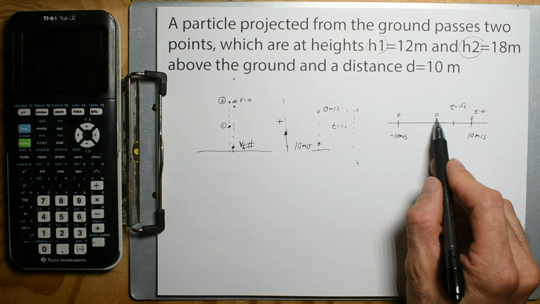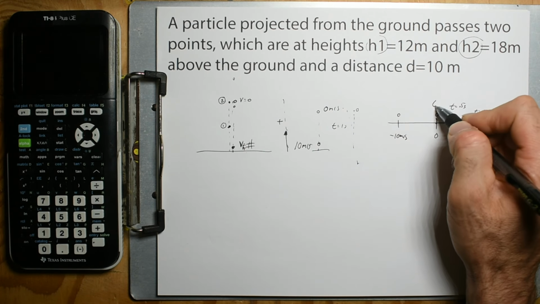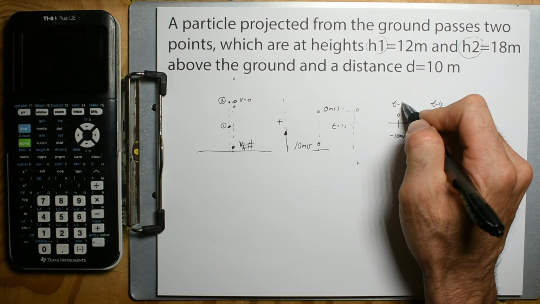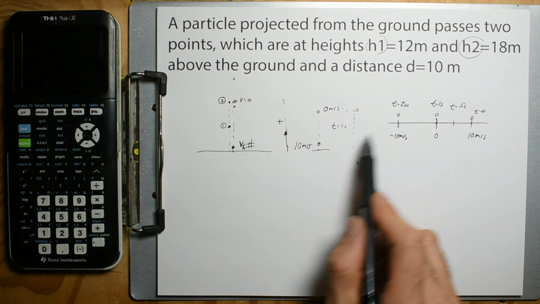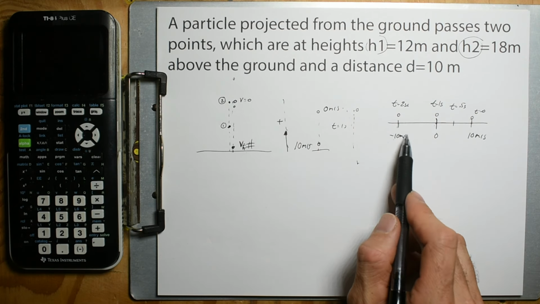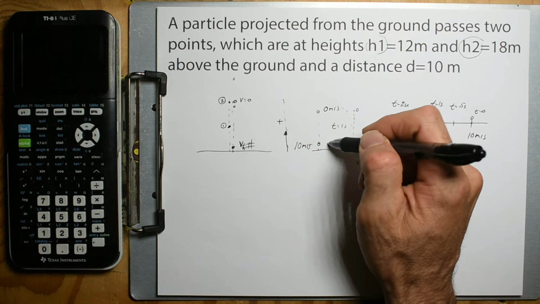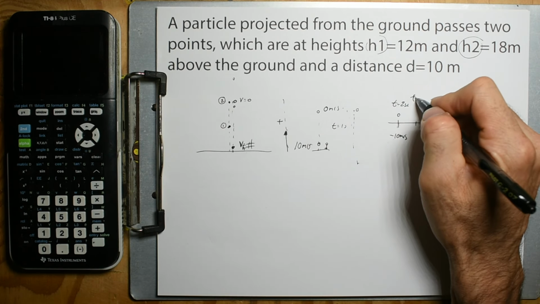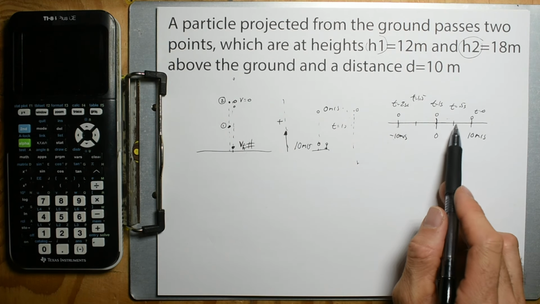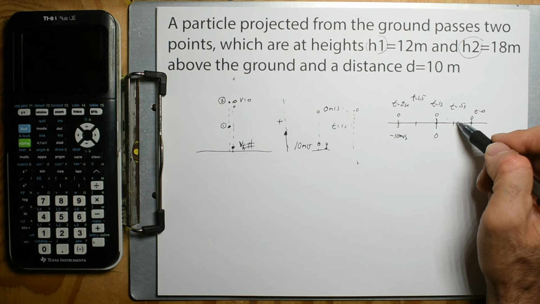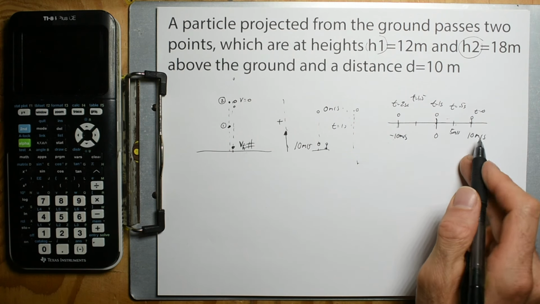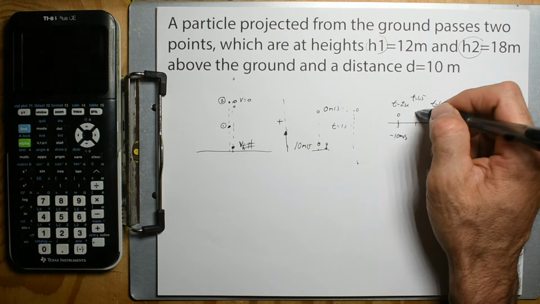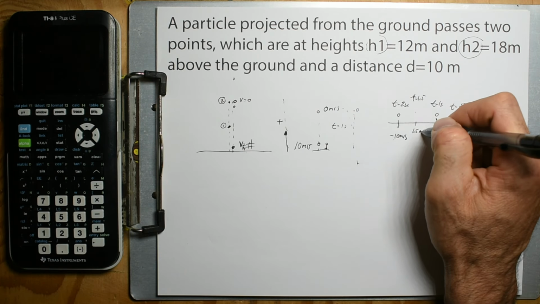It's going to slow down, so at time equal to 1 second, it's going to have 0 velocity, and then at time equal to 2 seconds, it's going to hit the Earth again at the same speed that we threw it. It's just in the opposite direction. So I could have time of 0.5: it's still going up, but it's going slower, 5 meters per second. At time of 1.5, it's coming down, at 5 meters per second.